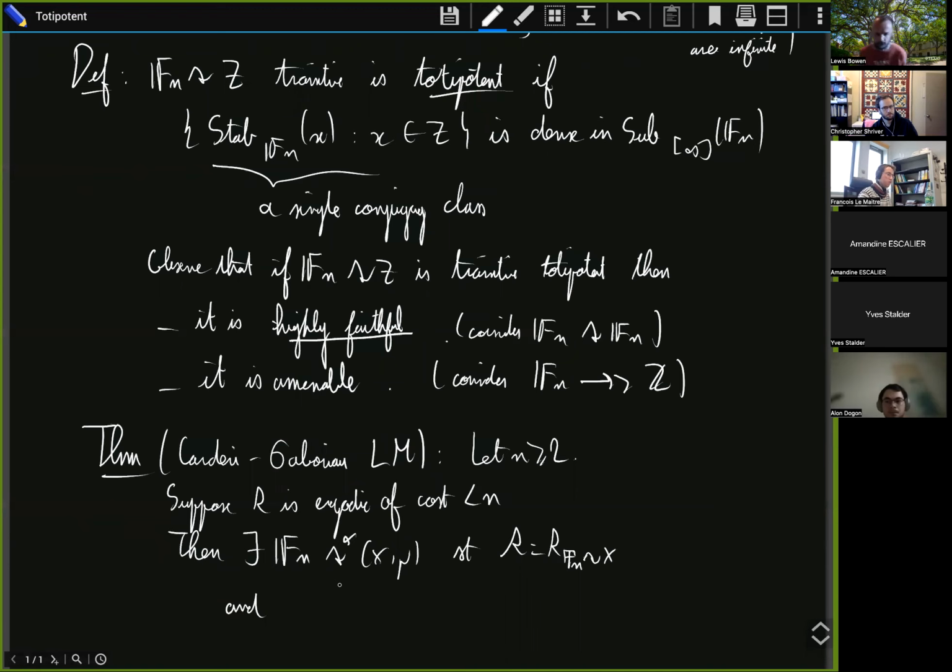And maybe if I call alpha the name of this action, then I want to say that I have a copy of the free group inside the full group, which is dense.